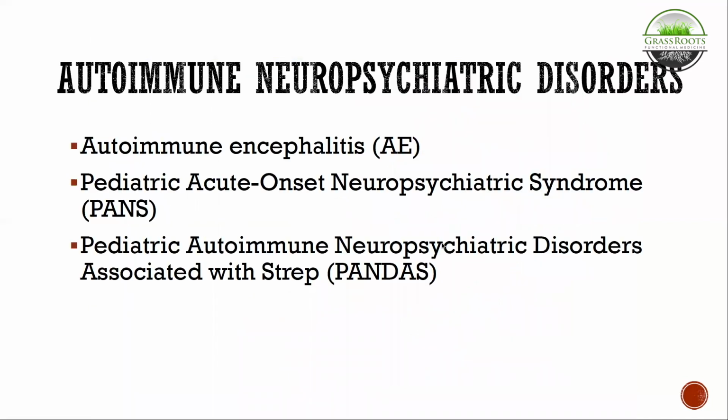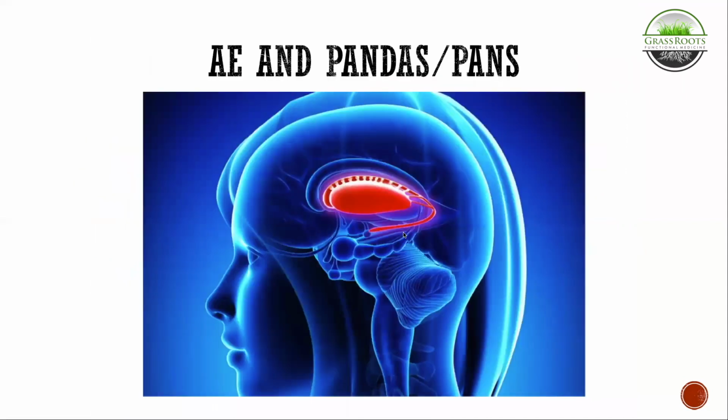So when we talk about PANS and PANDAS, they're really two conditions that are under a larger umbrella known as autoimmune neuropsychiatric disorders. And that also includes autoimmune encephalitis, which can absolutely be a problem, but not what we're going to emphasize today in the talk.